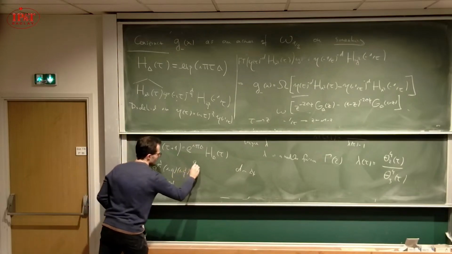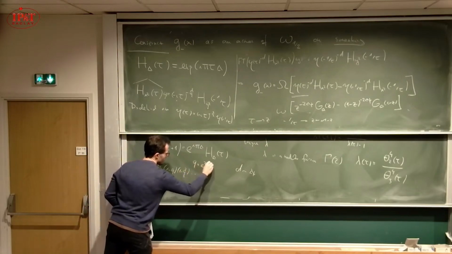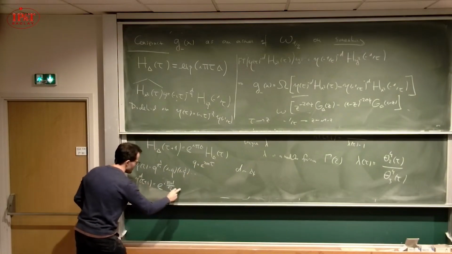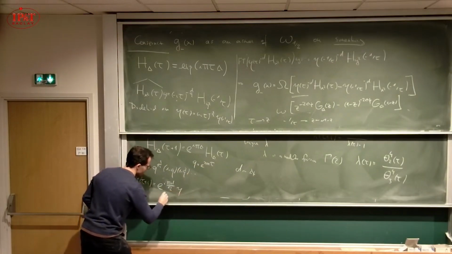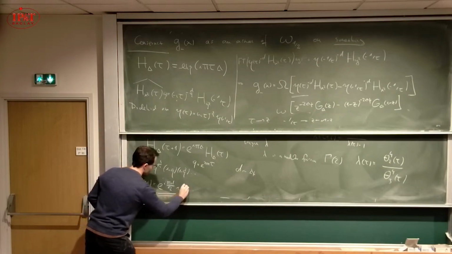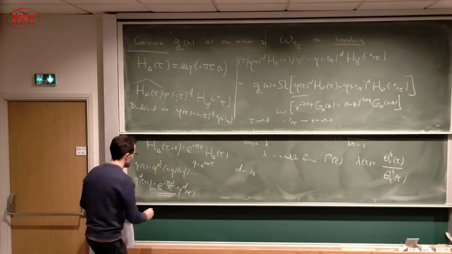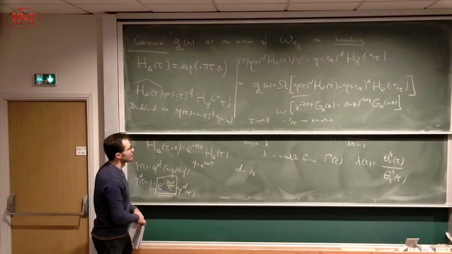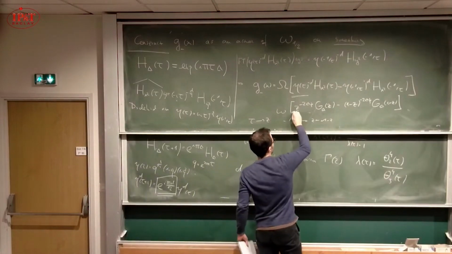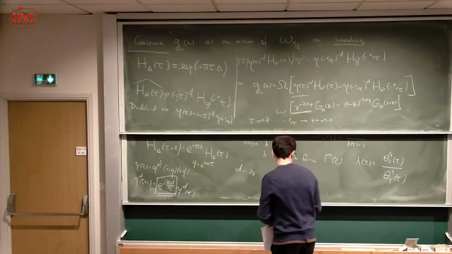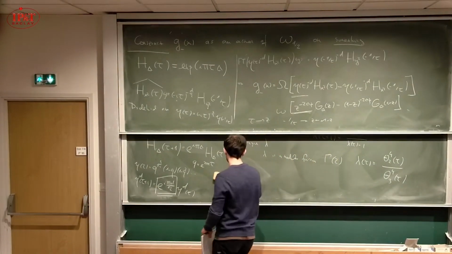Remember that q is e to the 2 pi i tau. So when you shift eta to the b by 1, you get it back with a phase. But this one doesn't transform so nicely under z goes to z minus 1. We need to massage it a little bit.